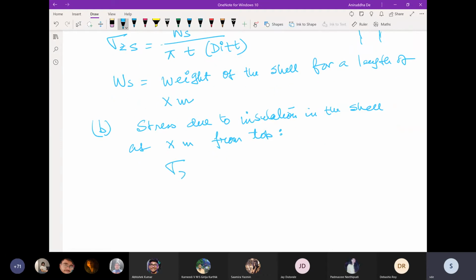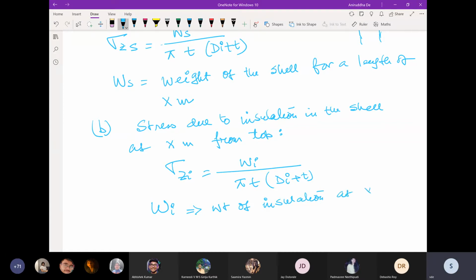Okay, so sigma zi is equal to wi divided by pi t (di plus t). Okay, so wi is basically the weight of insulation at x meter from the top.